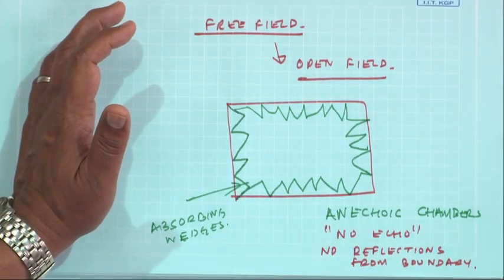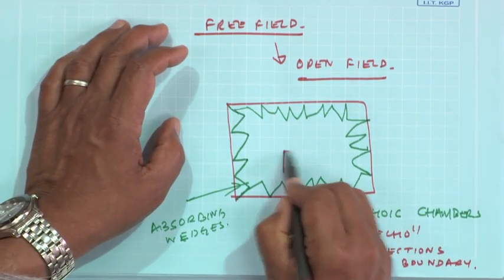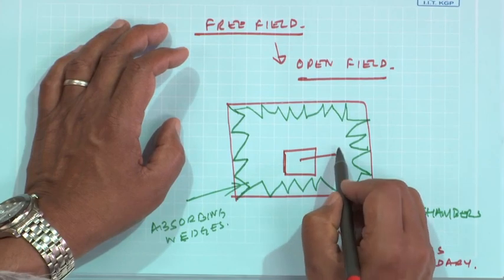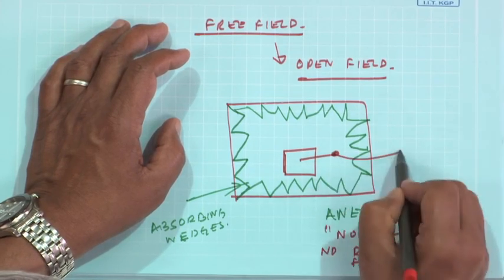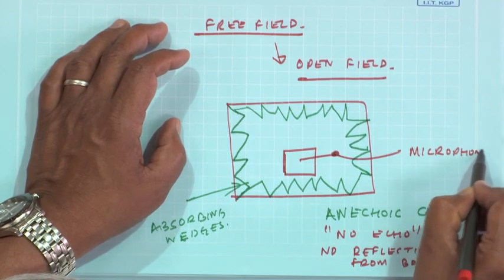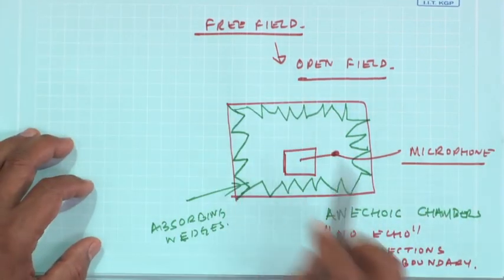So I can have my machine, whose SPL I am going to measure at some distance by an instrument like a microphone, in a free field environment.